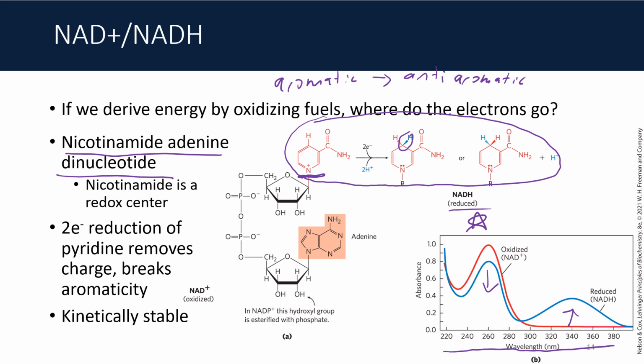It will stay anti-aromatic if left untouched, but the tiniest trigger is all that it needs to revert back to NAD+ and release that energy stored in the form of hydride. It is therefore kinetically stable, high energy, but metastable.